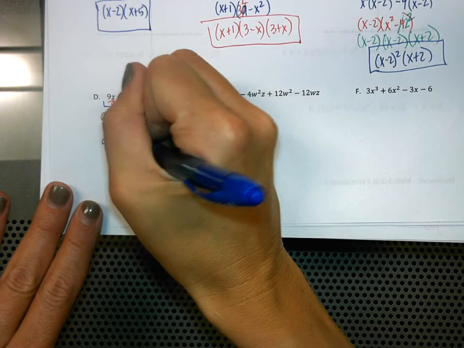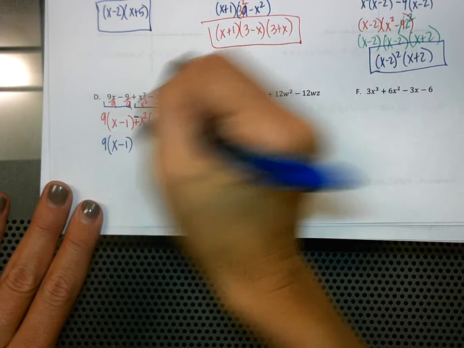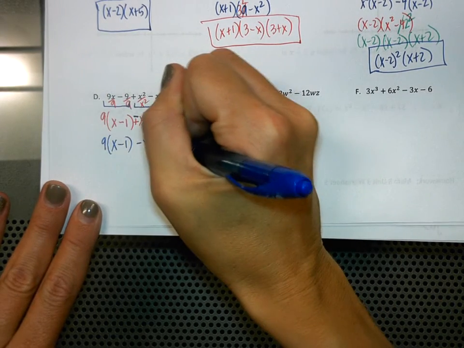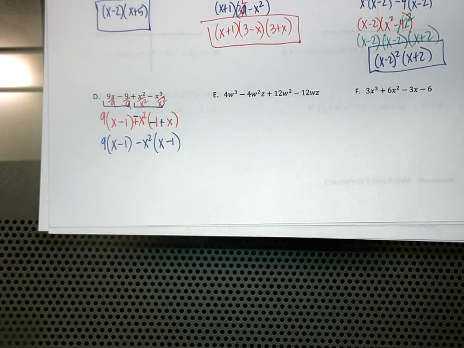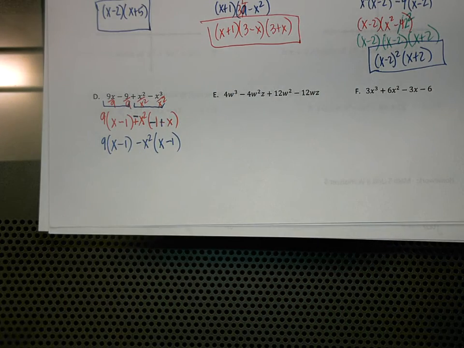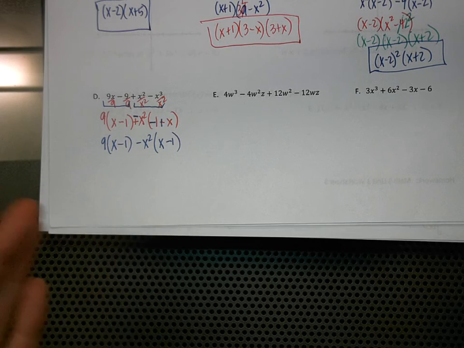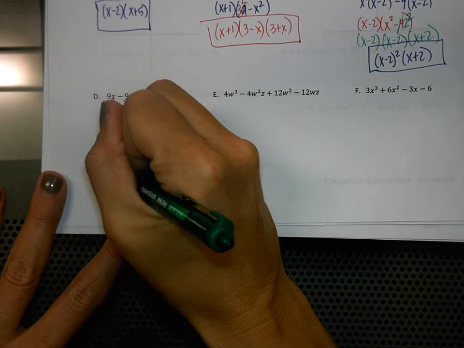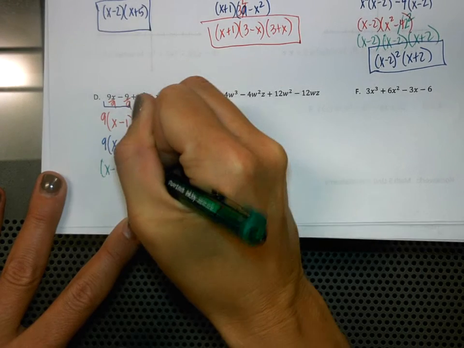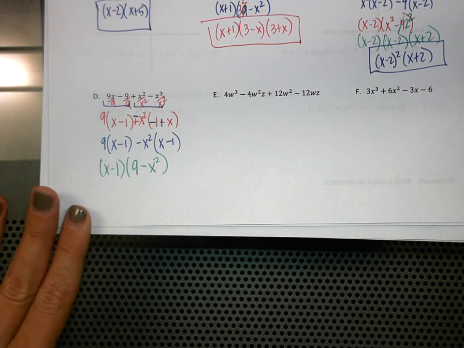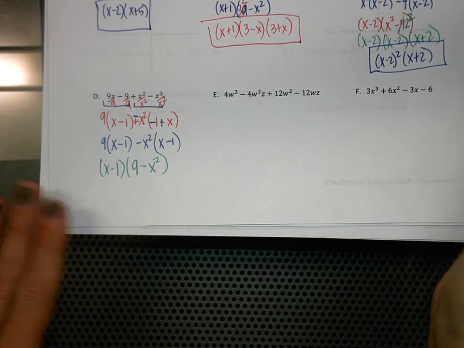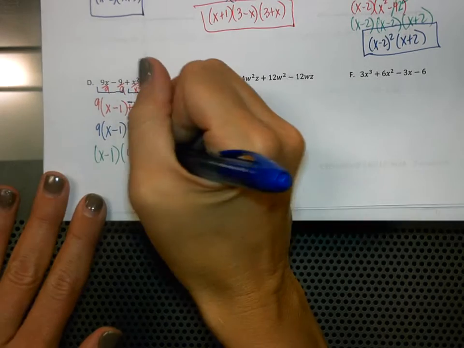And we're going to go ahead and rewrite this. So we have 9 and x minus 1. And then I have minus x squared, and then we'll rewrite this as x minus 1. Is anybody confused by either of those steps? We're good? Okay, so now my GCF is x minus 1, and I'm left with 9 minus x squared. 9 minus x squared is 3 squared.